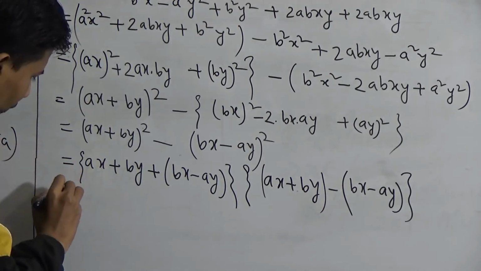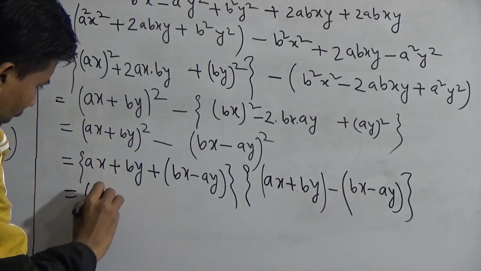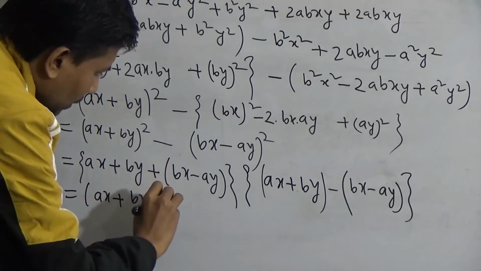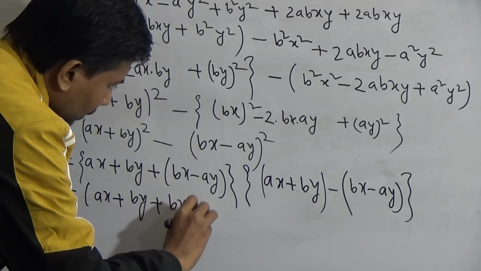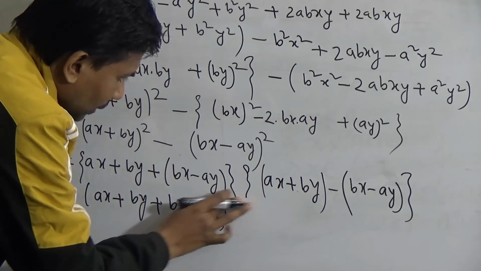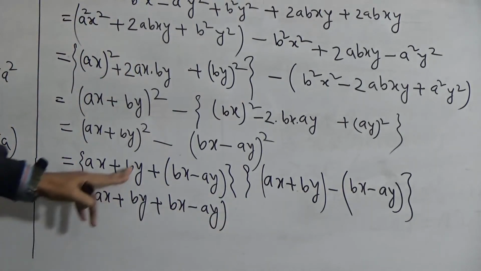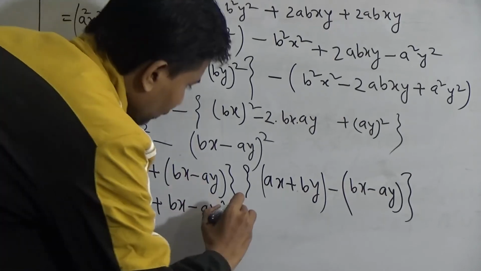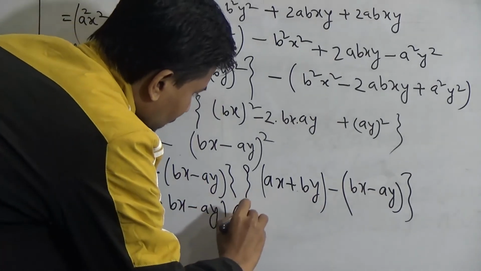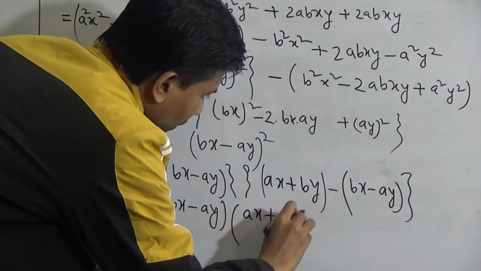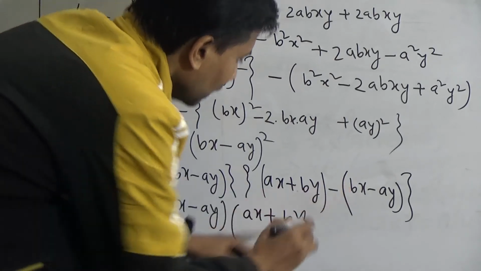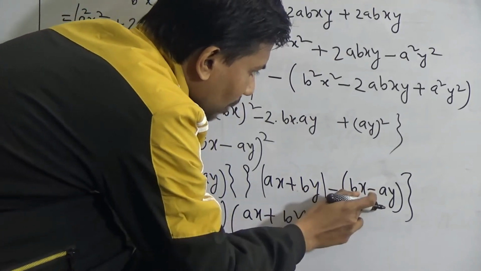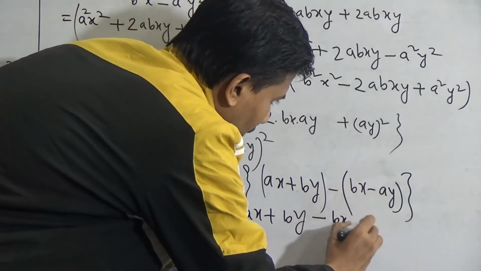Look, ax plus by plus bx minus ay. Okay, ax plus by plus bx minus ay. Now look, ax plus by, then the minus bx, and this minus becomes plus.